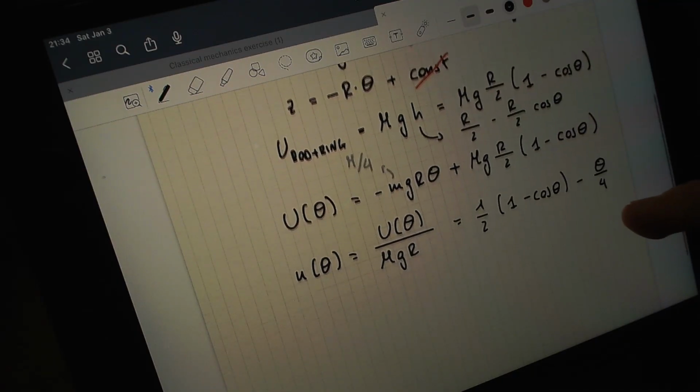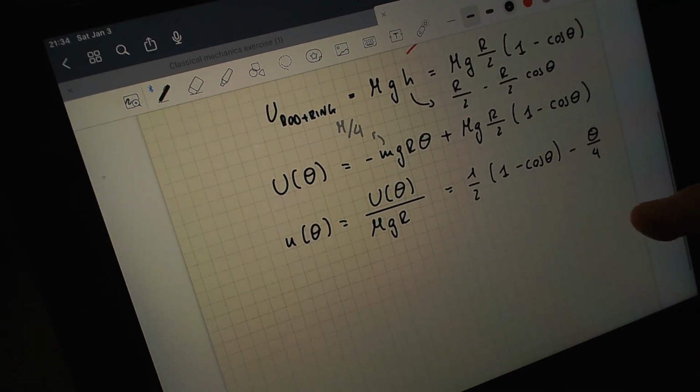Okay, and this function is actually not so easy to plot.